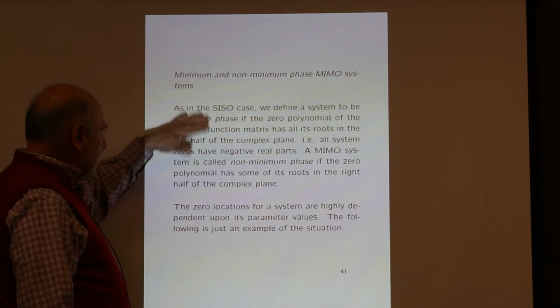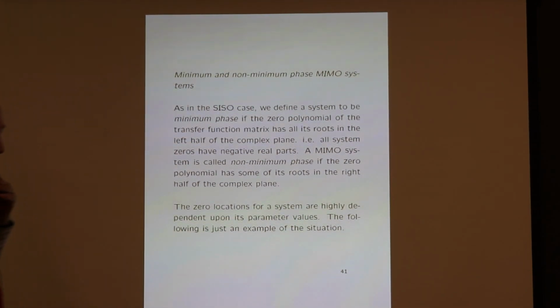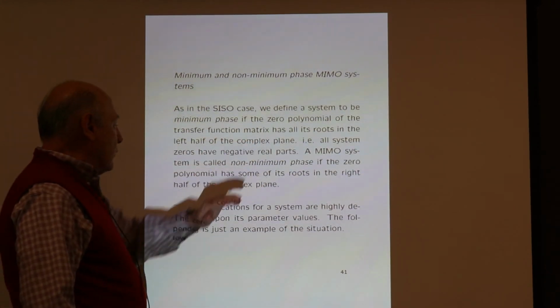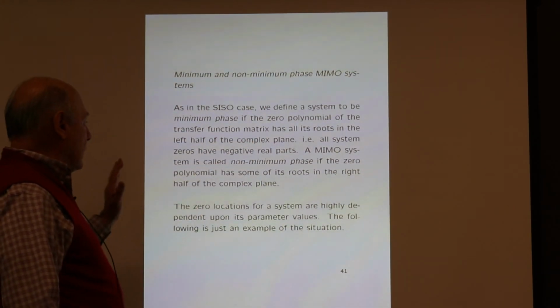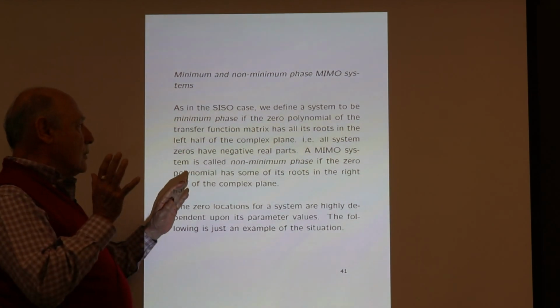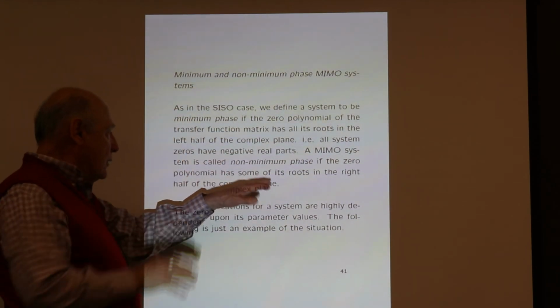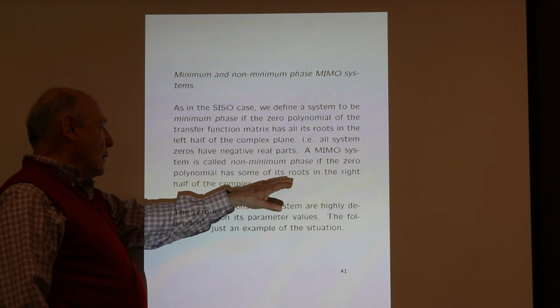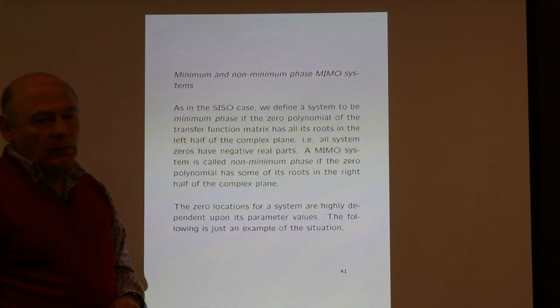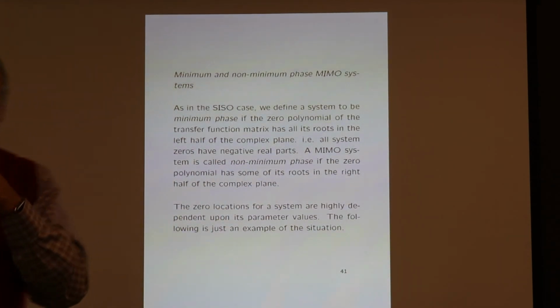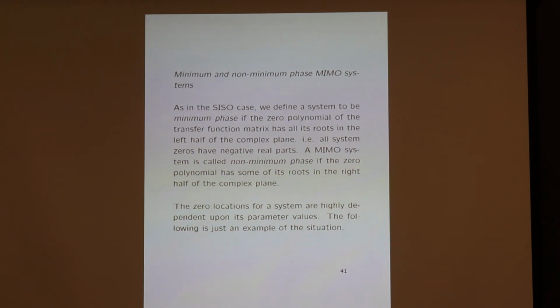In a MIMO system, the case is totally different. A MIMO system will be called non-minimum phase if the zero polynomial has some of its roots, doesn't have to be all of them, at least one of its roots in the right half of the complex plane. That system will be a non-minimum phase system.